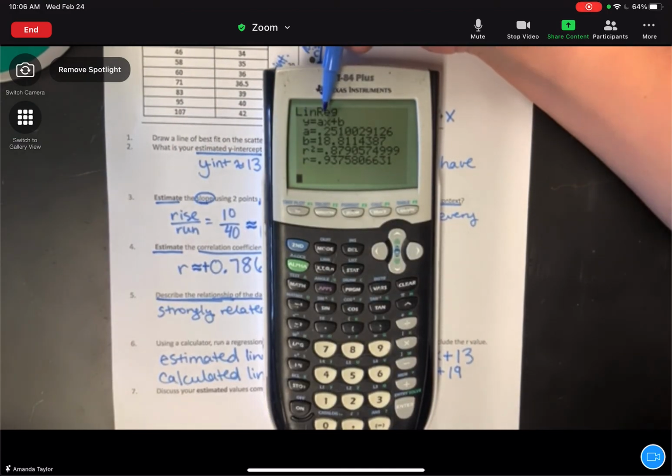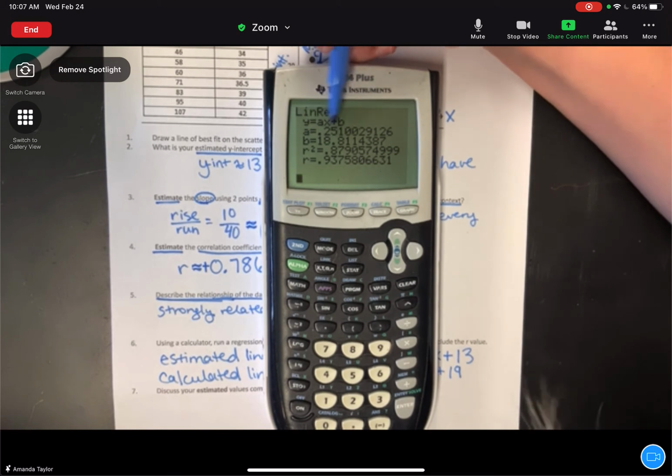Your calculator does not use m for slope, it uses a. It tells you it's a linear regression, a line, in slope-intercept form. A is your slope, and you can just round it to 0.25. And then it tells you the b value, your y-intercept's about 18.8, and we can just round that to 19.